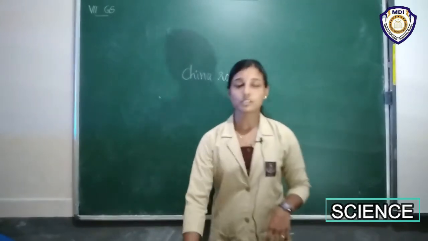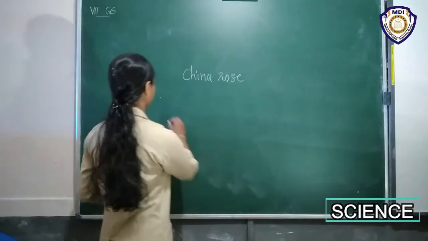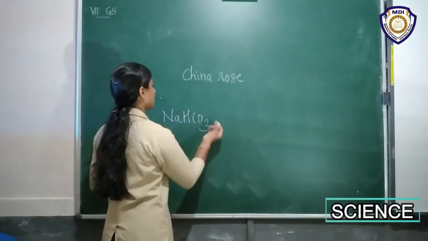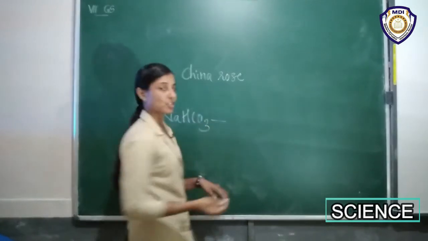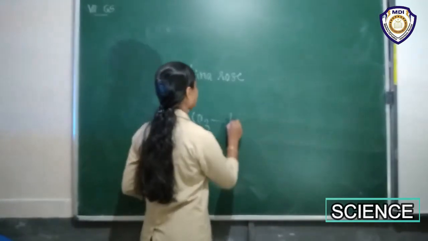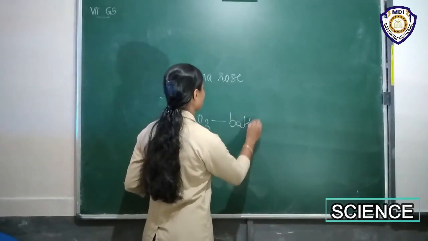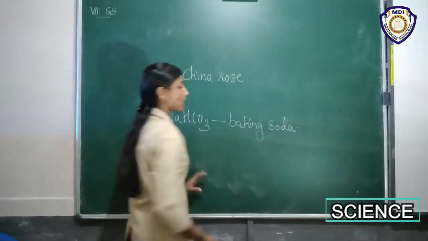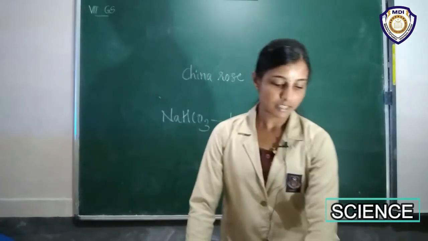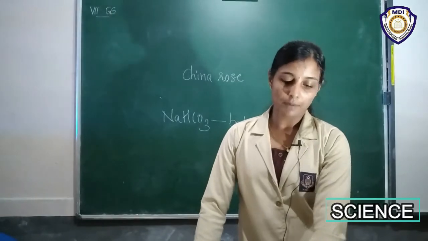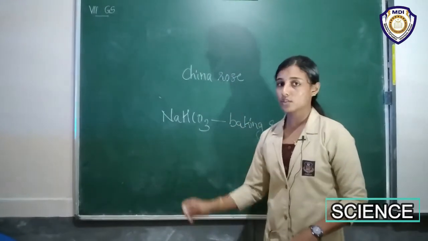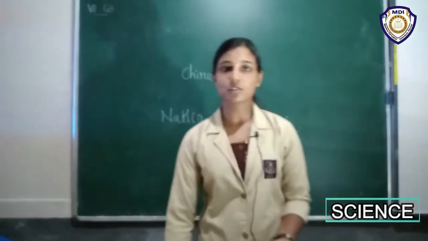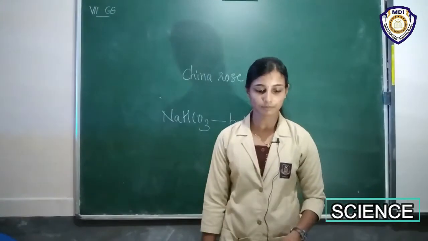Baking soda is sodium bicarbonate, NaHCO3. This is sodium hydrogen carbonate, also known as baking soda, right? That solution you can make using baking soda. This is also basic in nature.